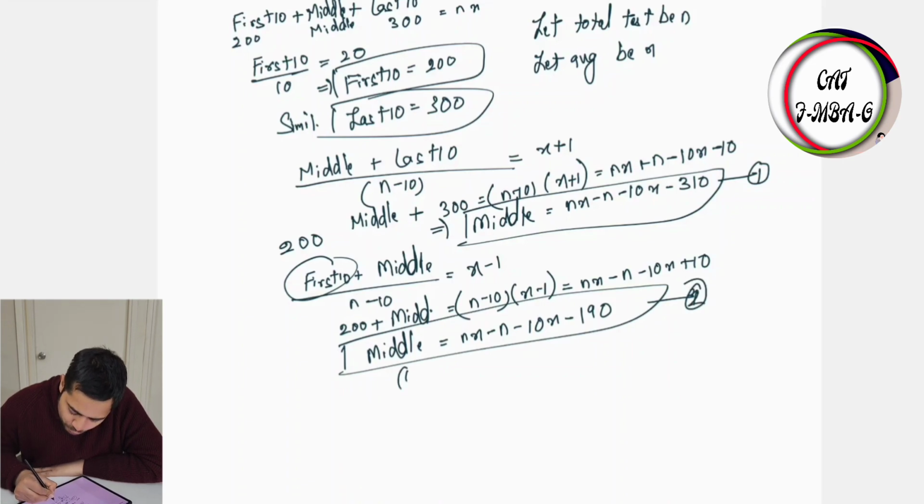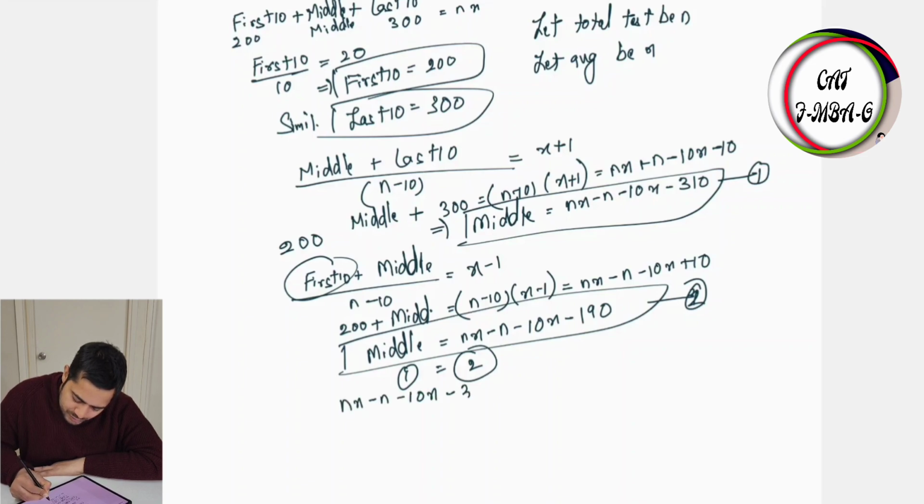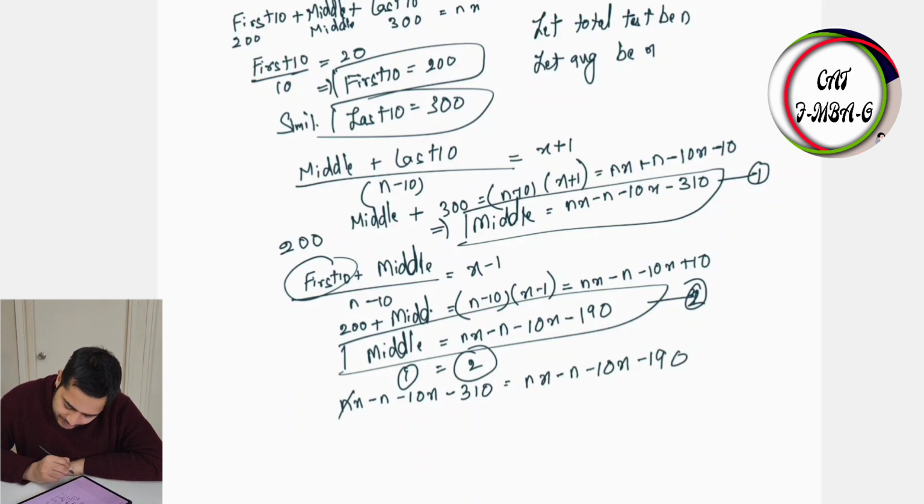So 1 is equal to 2. Equating both the equations, you can write nx minus n minus 10x minus 310 is equal to nx minus n minus 10x minus 190. The nx terms get cancelled, and I think I'm making some mistake here. It is plus n in the first equation.